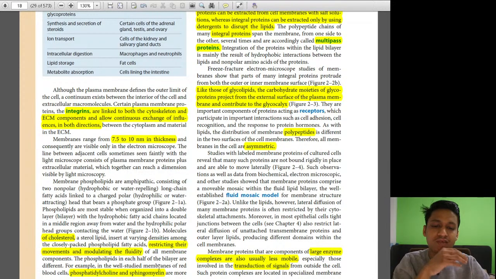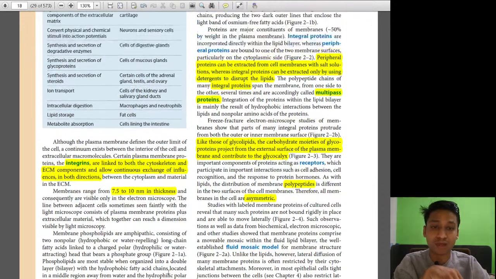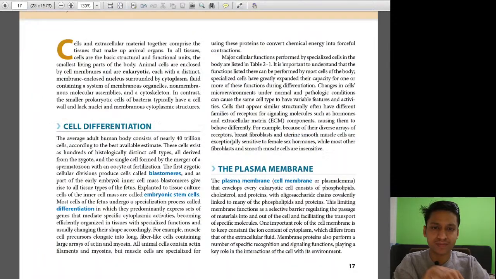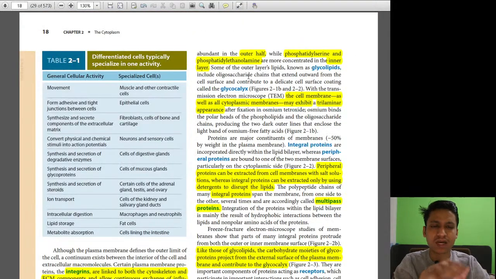For example, in the well-studied membrane of red blood cells, phosphatidylcholine and sphingomyelin are more abundant in the outer half, while phosphatidylserine and phosphatidylethanolamine are more concentrated in the inner layer.